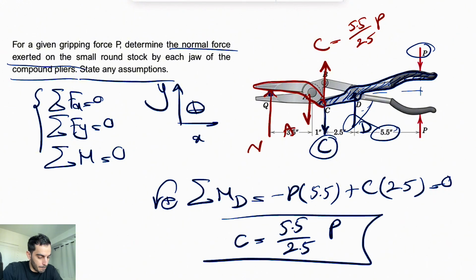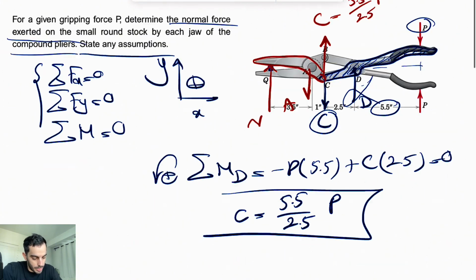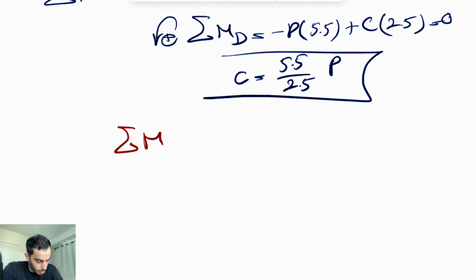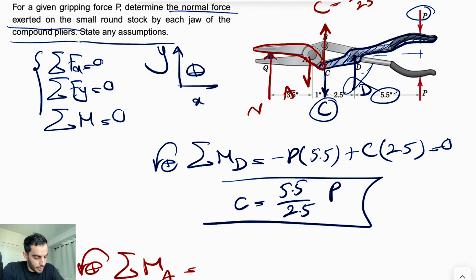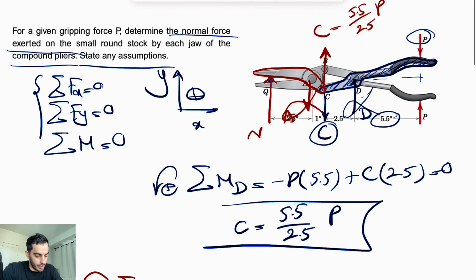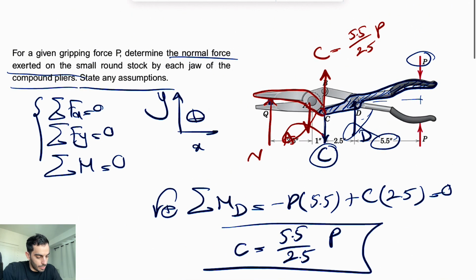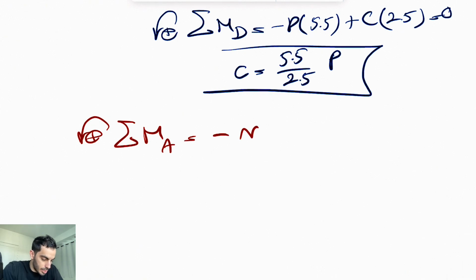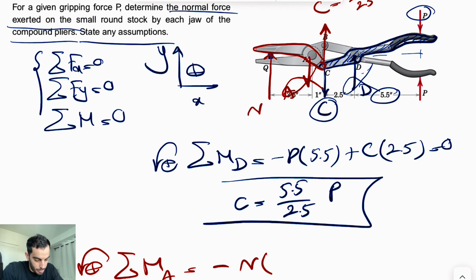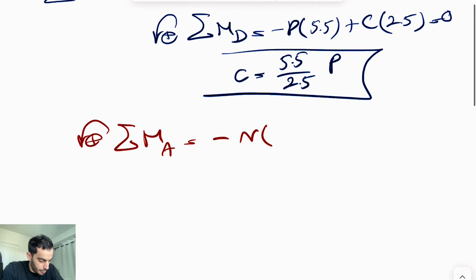Now that we have this, on the second member we're going to have the same thing, 5.5 over 2.5 P. Now if we take the moment about point A, again counterclockwise positive, we get rid of A, and we can find the relationship between N and P, which is basically what the question is asking. The moment of N is clockwise, so negative N times the distance, which is 3.5 inches.